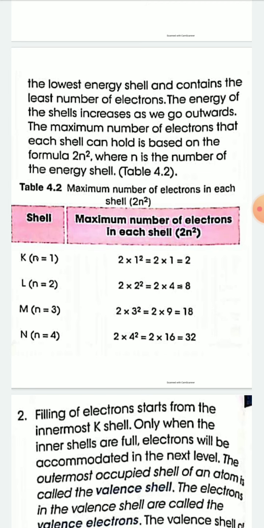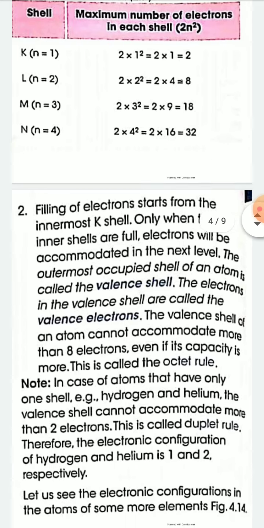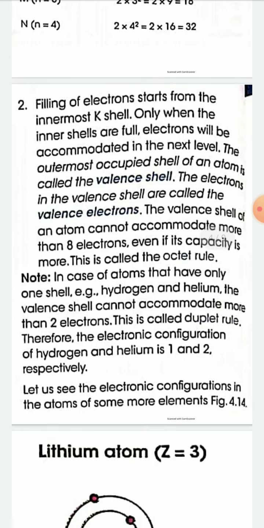Now the second point of the Bohr-Bury scheme, or second rule: filling of electrons starts from the innermost K cell.